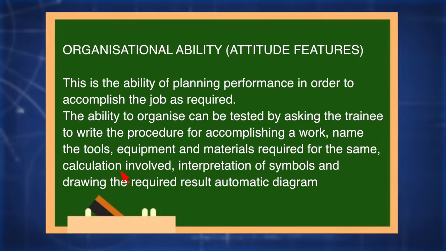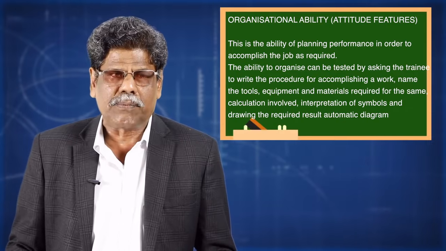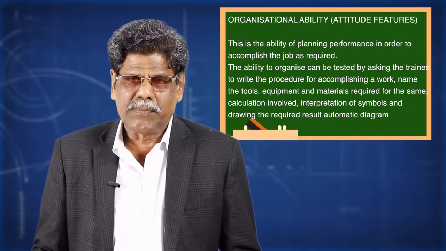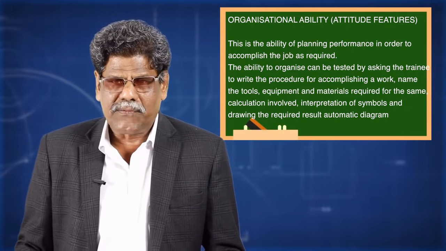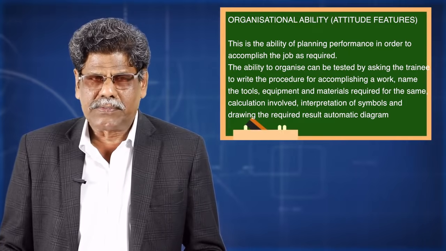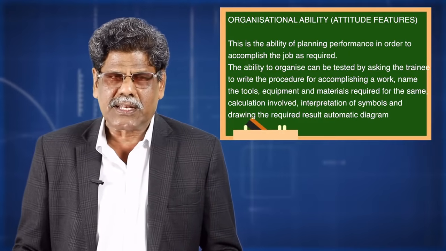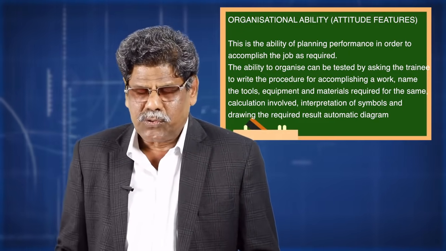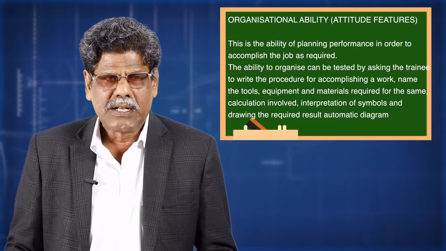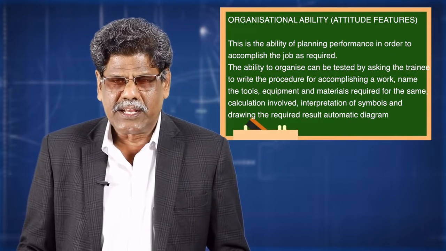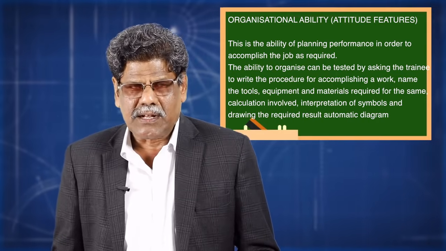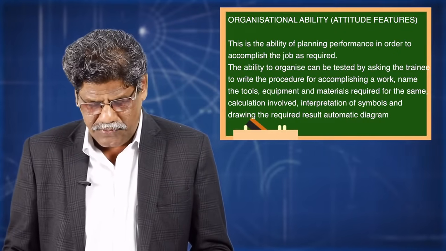Then some calculation is also involved under this feature. In the aptitude feature, for the job to be performed by the trainee, he has to write the procedure and the tools, equipment and materials required. This comes under the aptitude feature.